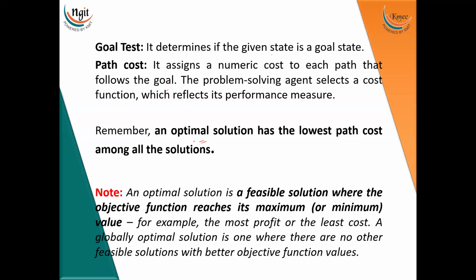An optimal solution is one that has the lowest path cost among all the given solutions. It is a feasible solution where an objective function reaches its maximum or minimum value. We can simply say that it is the most profit or the least cost.